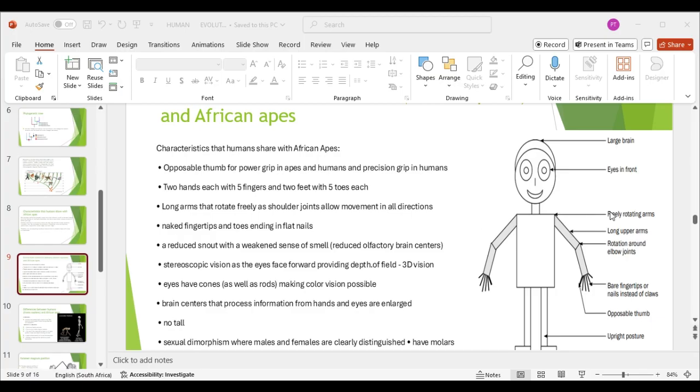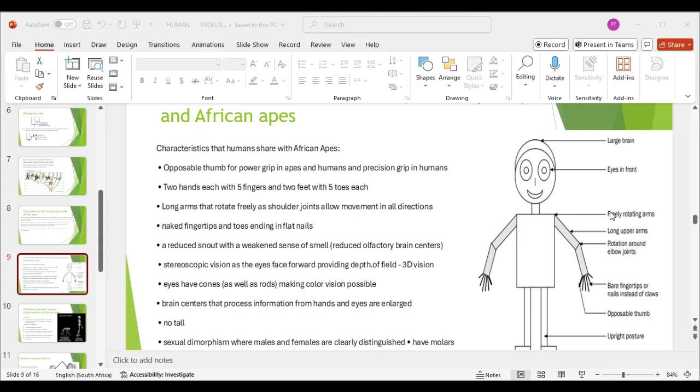So the first characteristic that humans share with apes is that we have the opposable thumb for grip. The apes use it for the power grip, and in humans, we use it for the precision grip.